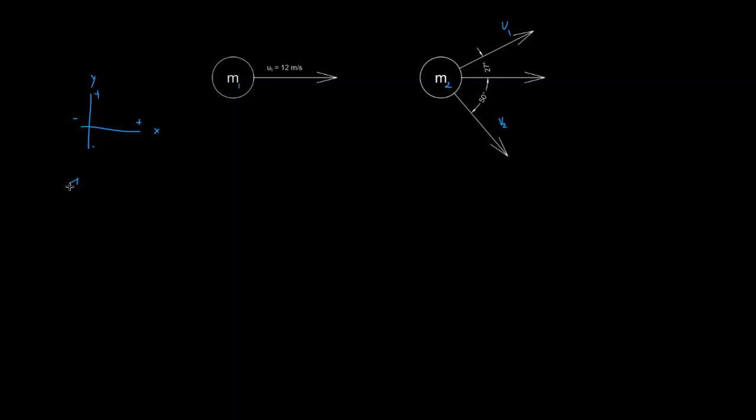We find the sum of the momentum at the x-axis first. So, the sum of the momentum is your M sub 1 times U sub 1 at the x-axis plus M sub 2 U sub 2 at the x-axis is equal to M sub 1 V sub 1 at the x-axis plus M sub 2 V sub 2 at the x-axis.